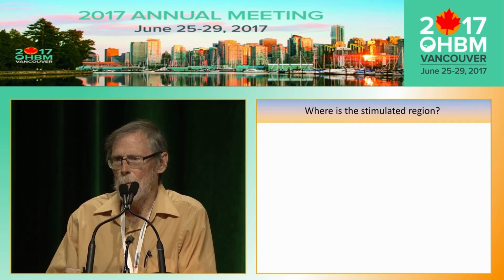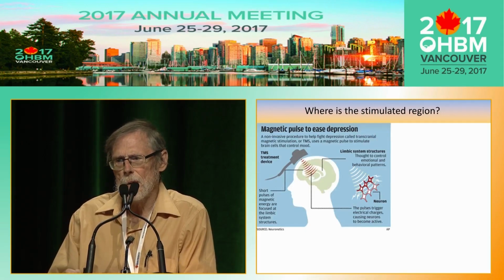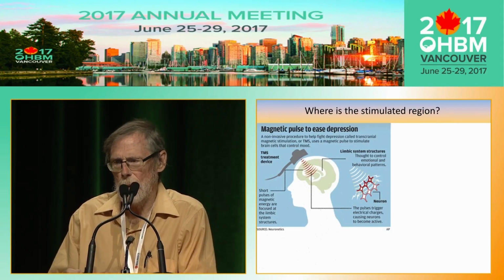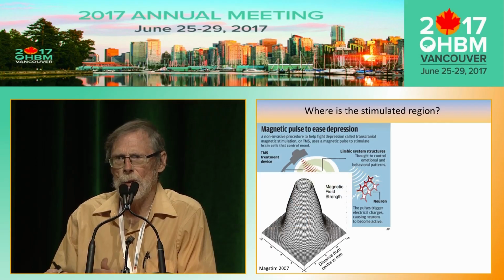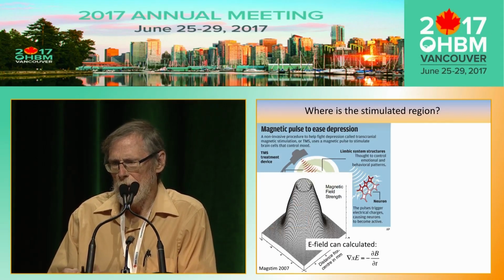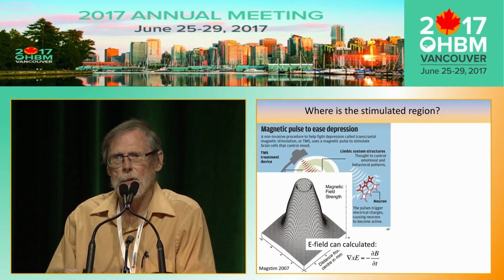So we wondered, where is the stimulus region? In TMS, the magnetic field is not really affected very much by changes in local conductivity from CSF and so on. So the magnetic field is pretty well known where it goes. However, what you have to do is calculate the electric field, because it's not the magnetic field that does anything to the brain.